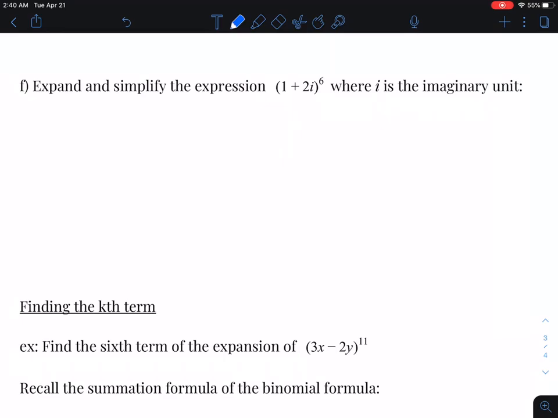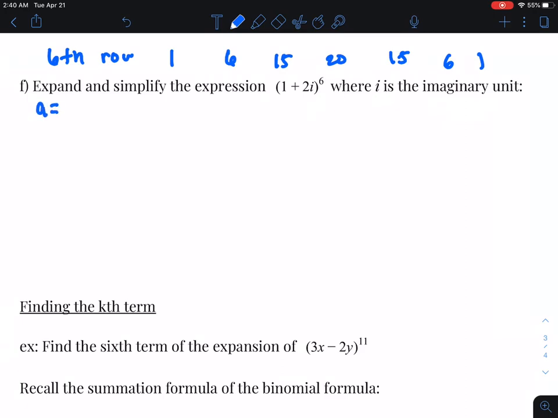So we should have 7 terms, which is 1, 6, 15, 20, 15, 6, and 1.